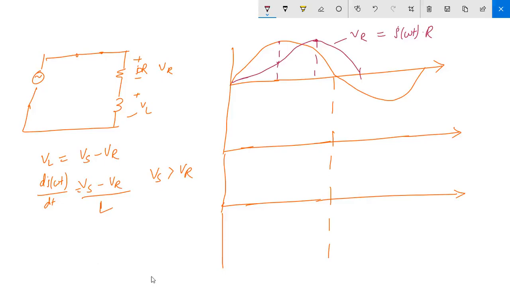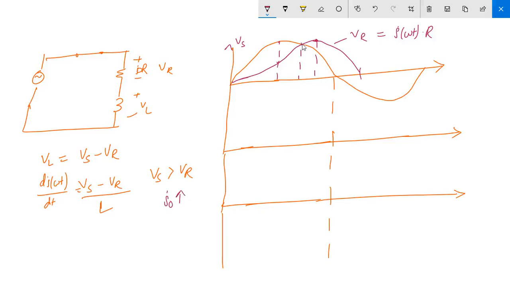Now here, you find that there are two regions. Till this region, Vs is greater than Vr, right? So this is my Vs. Yes, Vs is greater than Vr, so the rate of change of current will be increasing. Okay, that means i0 increases.